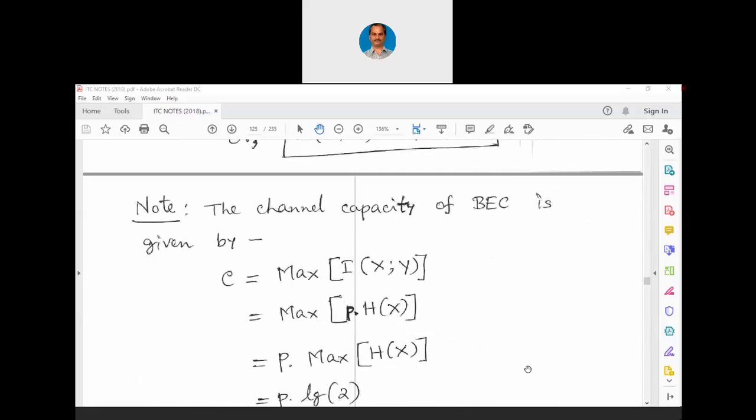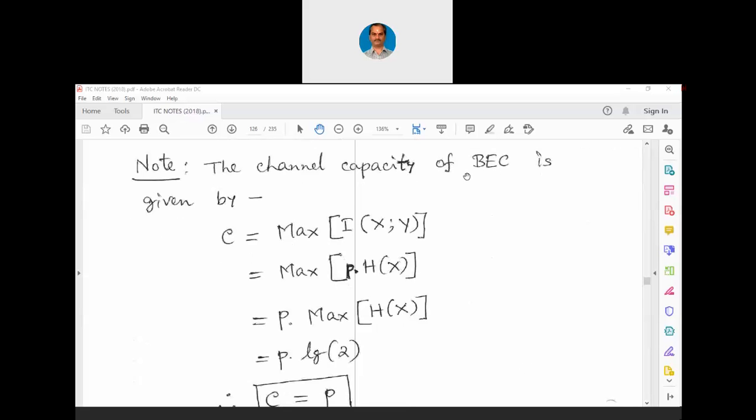So now, the channel capacity of the binary erasure channel is given by C equals the maximum of mutual information, that is the maximum of P·H(X), that is P times the maximum of H(X). That maximum of H(X) is nothing but lg 2, because we have only 2 source symbols.